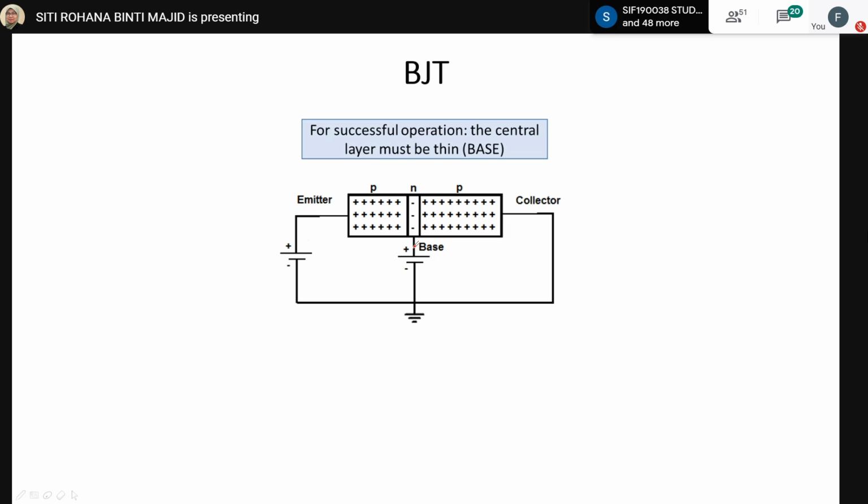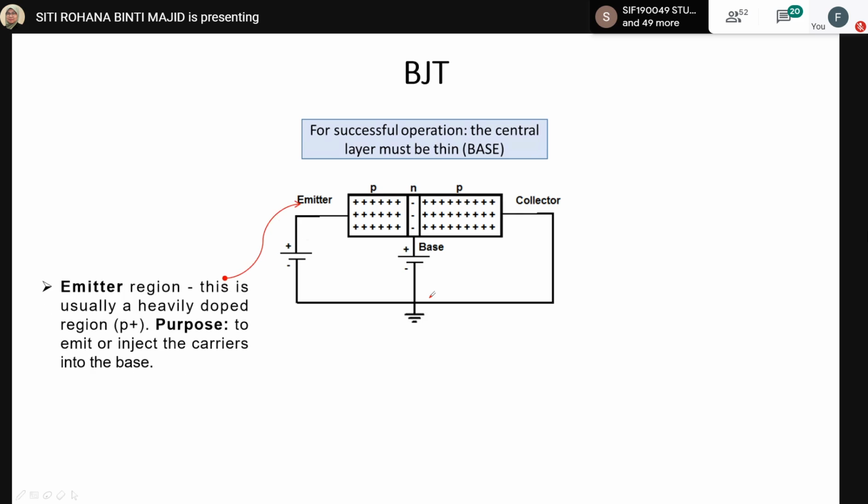So this one is PNP again. The position of the terminals is the same: we have emitter, base, and collector. The crucial parts are these. Before that, I will explain the emitter, which normally is a heavily doped region of P. If it were N, it would be heavily doped with electrons.